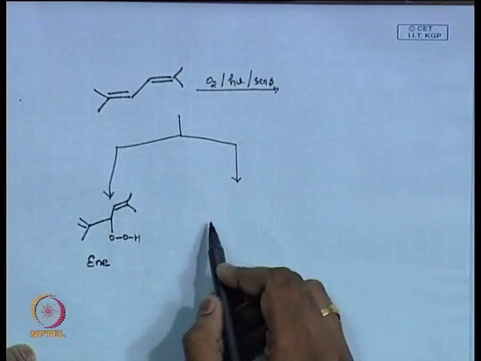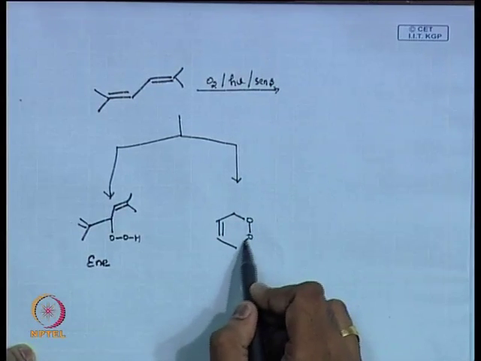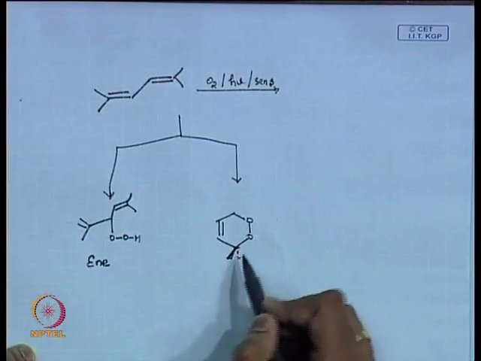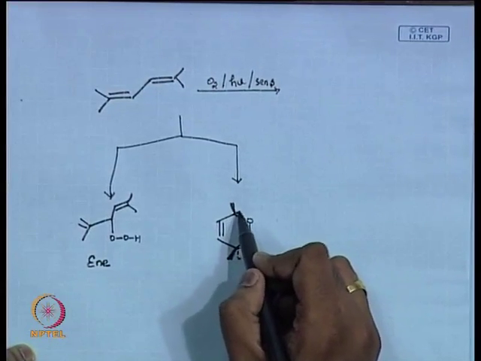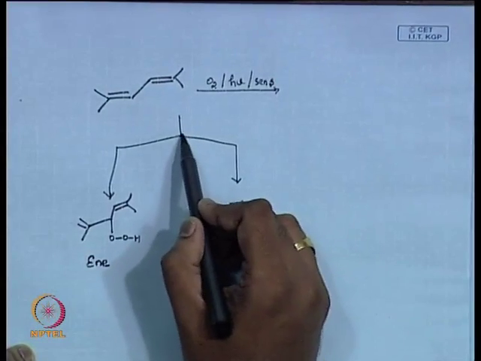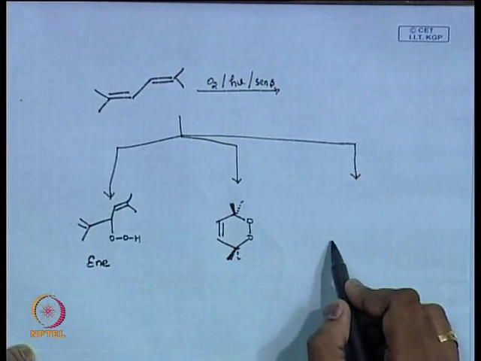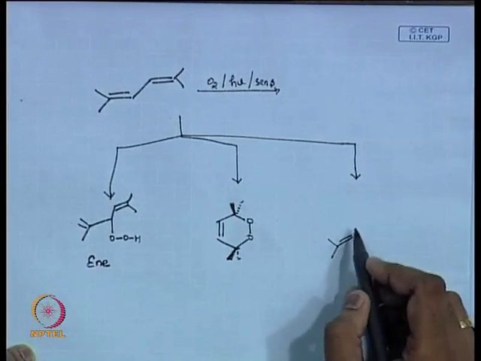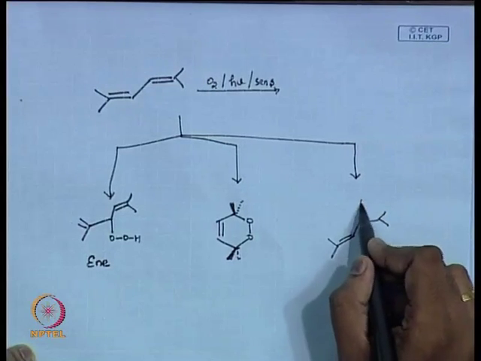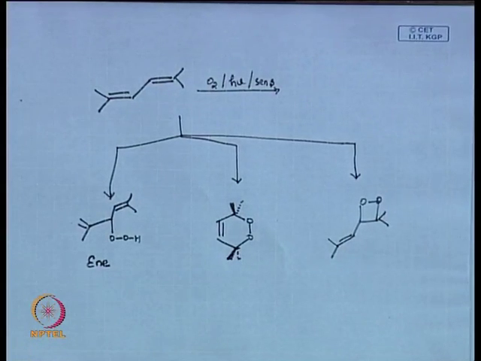Then I can think about a nice 4 plus 2 cycloaddition, and I can get my 2 plus 2 cycloaddition.